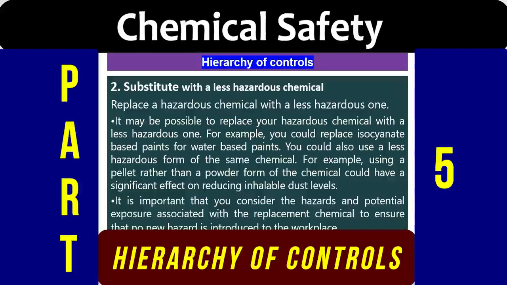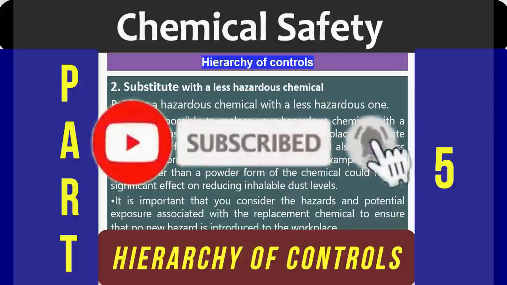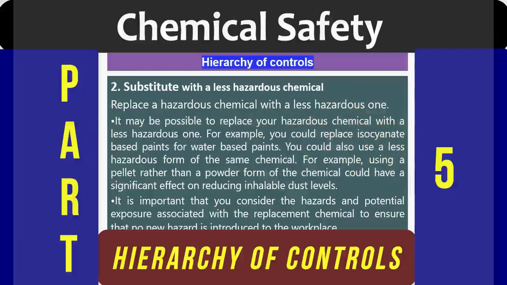For example, using a pellet rather than a powder form of the chemical could have a significant effect on reducing inhalable dust levels. It is important that you consider the hazards and potential exposure associated with the replacement chemical to ensure that no new hazard is introduced to the workplace or the worksite.